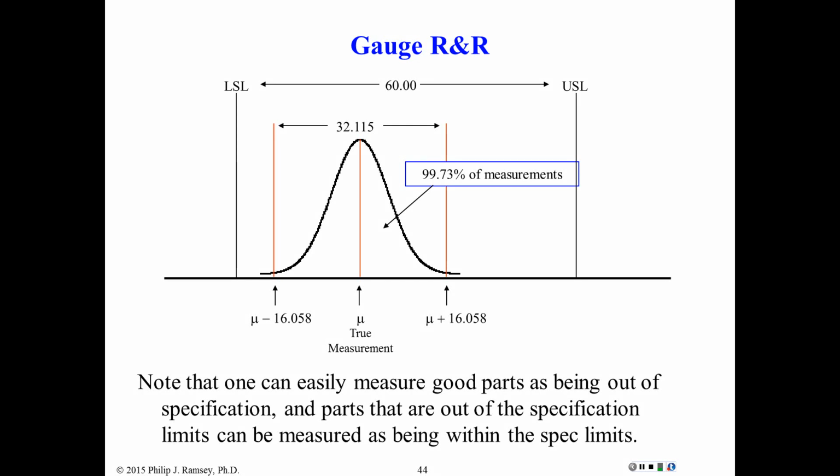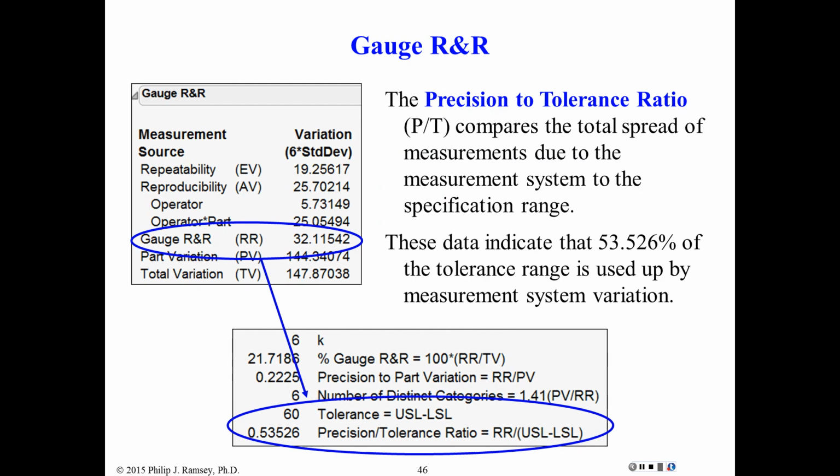It's a general guideline. Okay. And then finally, now on slide 46, we talked about what's called the precision to tolerance ratio, or P to T.